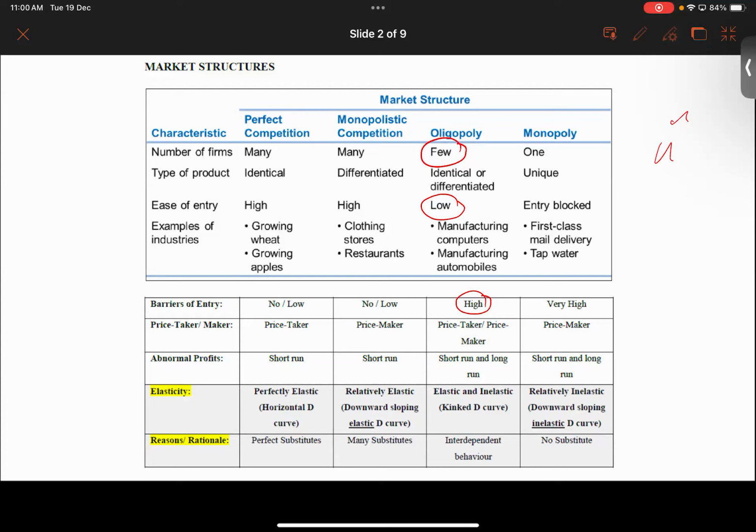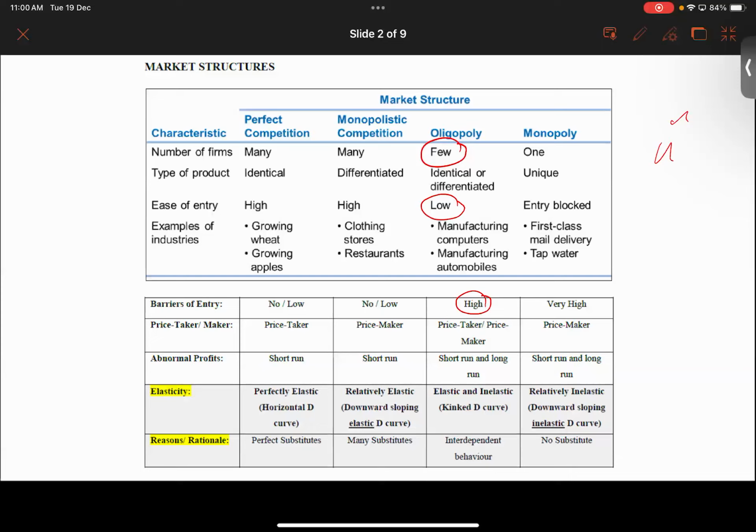Now, they can be either price taker or price maker as well. Why is that so? Because their actions are interdependent on each other. Although they can have discretion over the prices, because there are only a few firms dominating the industry, they have to take into account that whatever decisions they make will affect others as well.